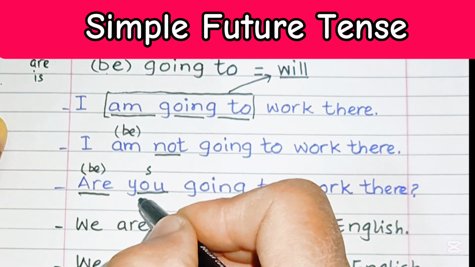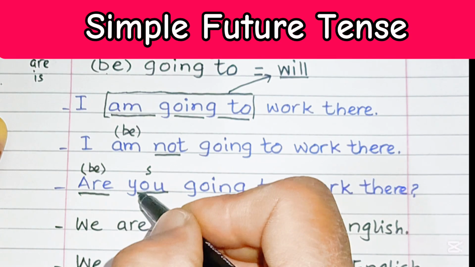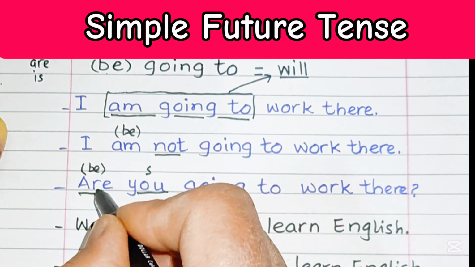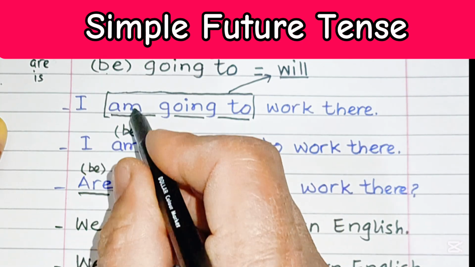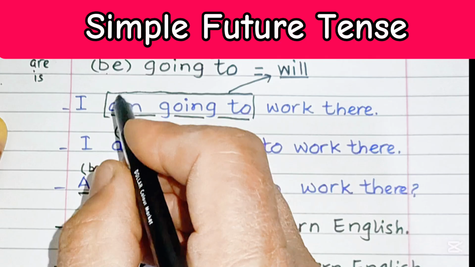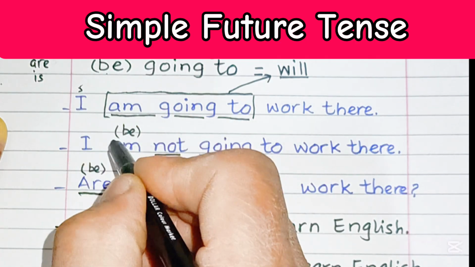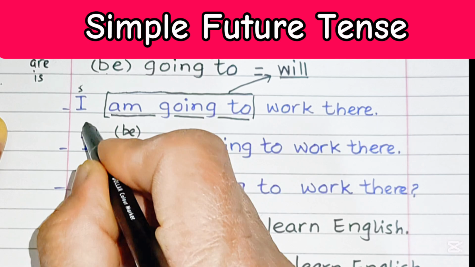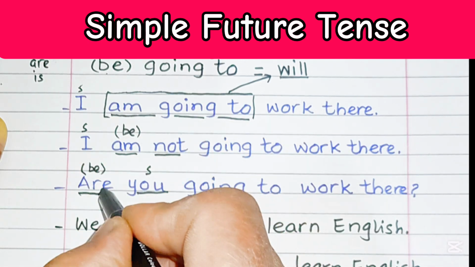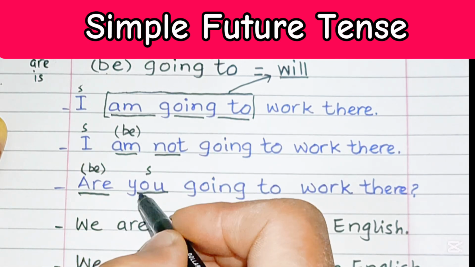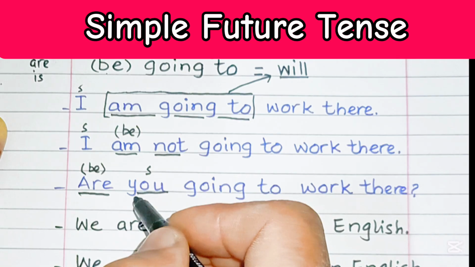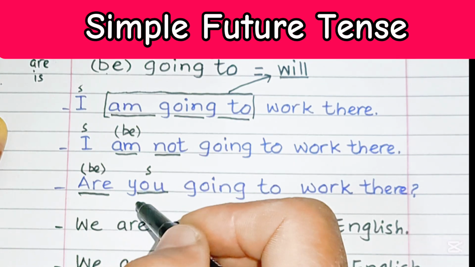If we change the subject to you, then the verb be becomes are. It no longer remains am, because am matches the subject I in these two sentences, but are matches the subject you. Are you going to work there?